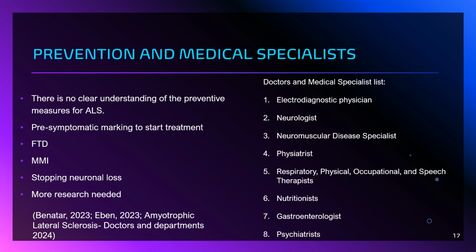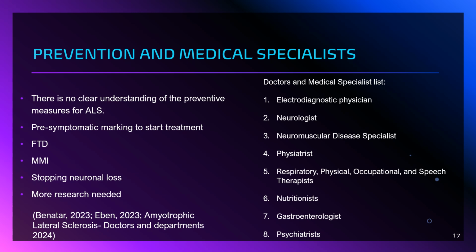Going on to the medical specialists, because it's such a complicated disease, there are so many doctors and medical specialists that go into this. I've only listed a few, but you get electrodiagnostic physicians, who take care of getting the EMGs done.